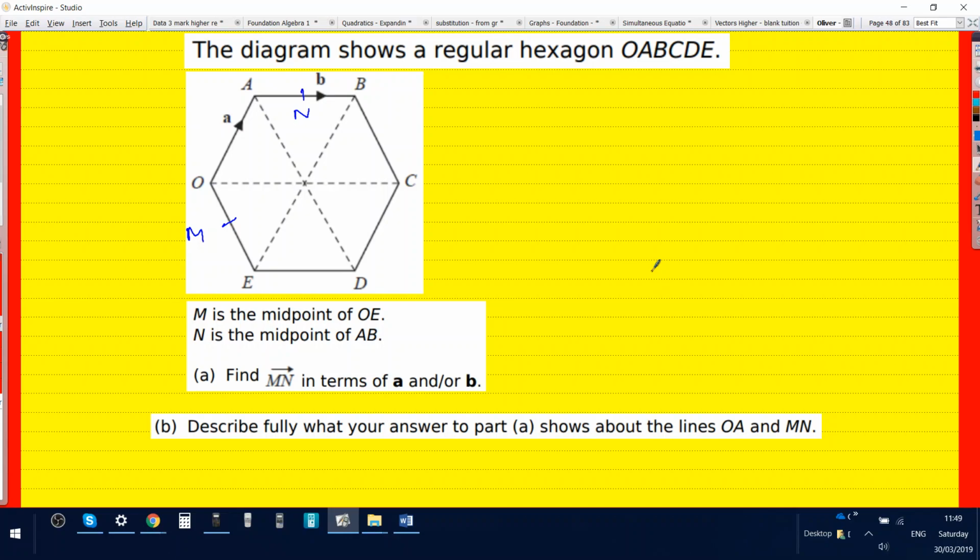Okay, find the vector M to N. You would first have to find what O to E would be. Yeah.